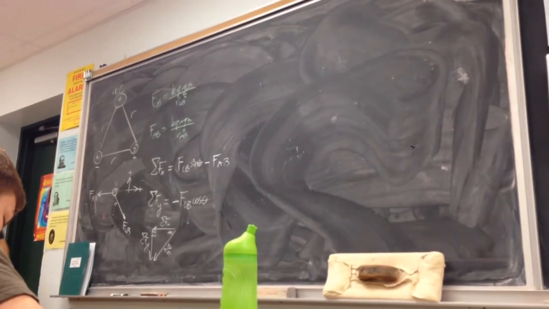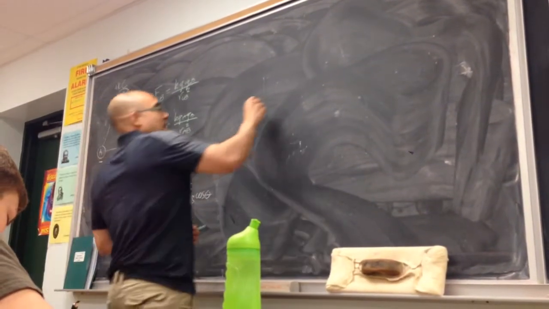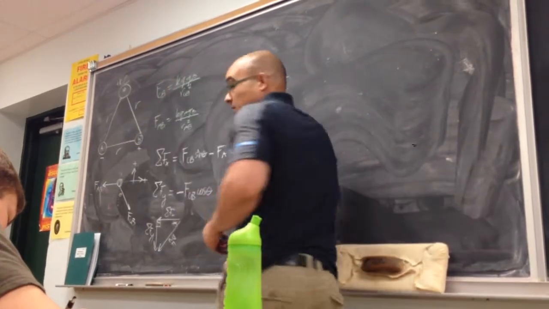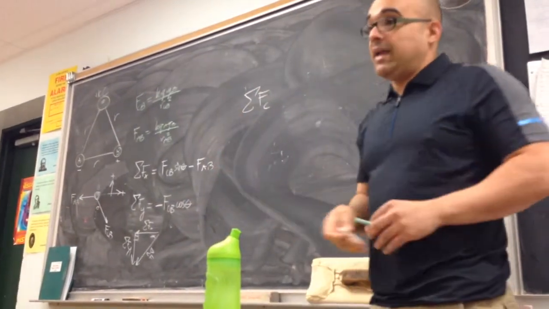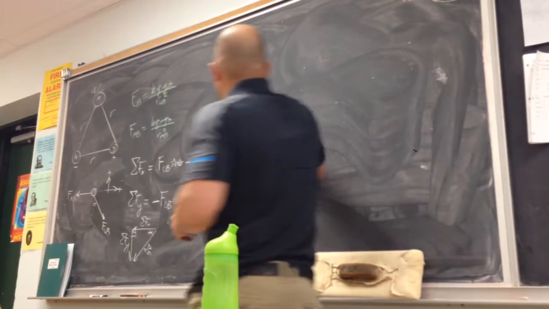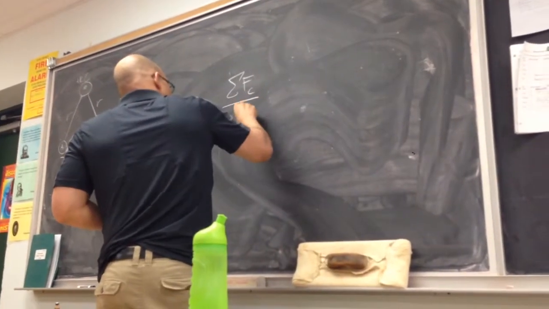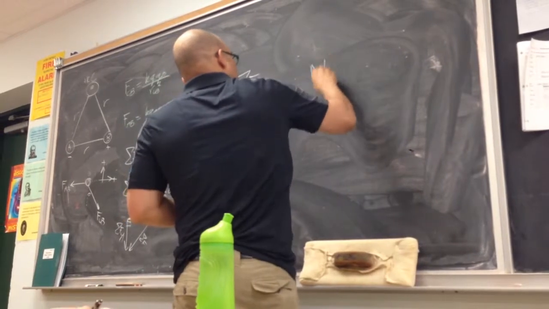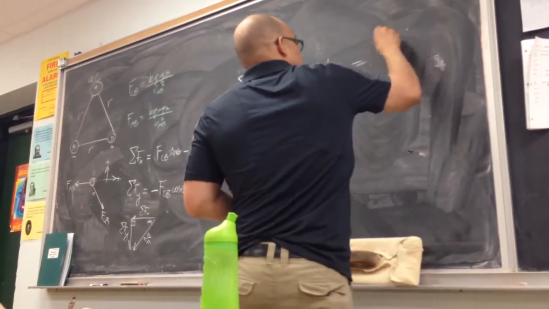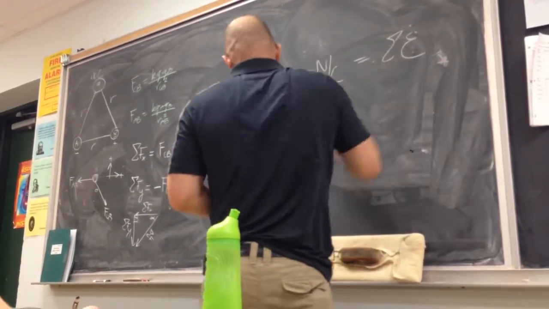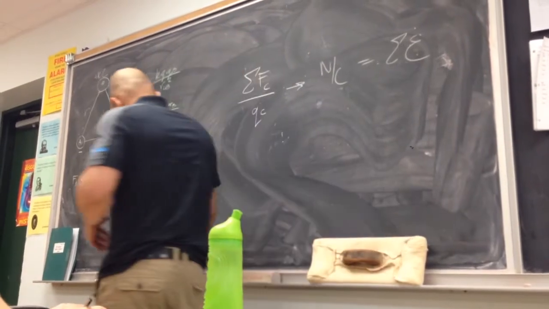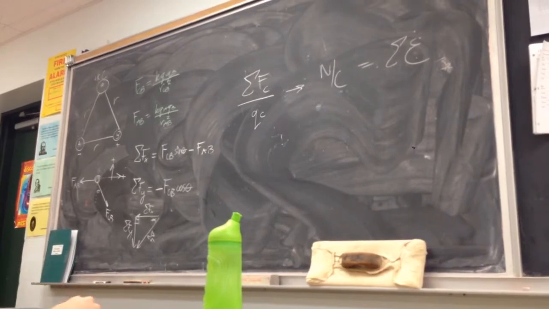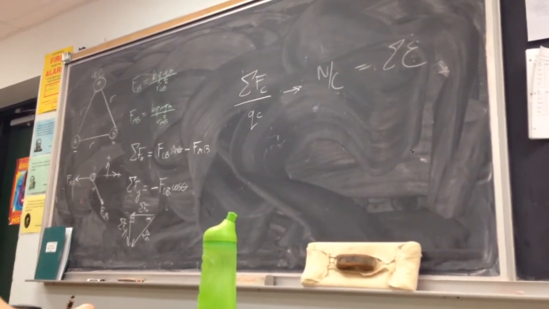The difference is, in the end, when you get the net force on this charge C, which you've totally made up, all you have to do is divide out that 1 coulomb charge. Your unit is going to be newtons per coulomb, which of course is the net electric field at that point. So when you're looking for electric field, it's just that little twist at the end. Just divide out the charge.